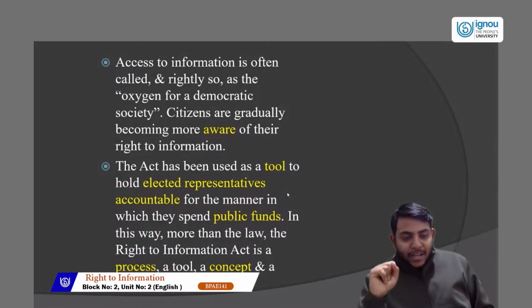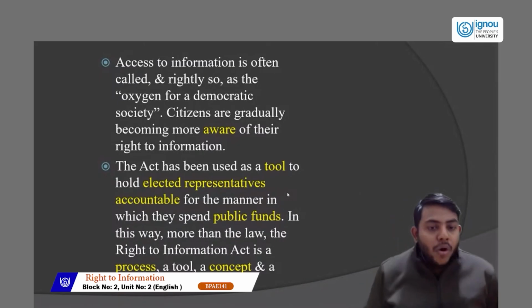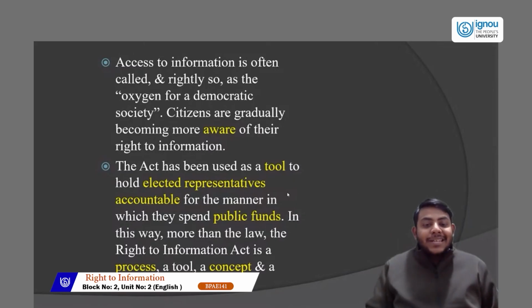And this RTI Act of 2005 has also been used as a tool to hold elected representatives accountable for the manner in which they spend the public funds. To seek the accountability of elected representatives in how they have spent the public funds, this RTI Act of 2005 has become a very important tool.